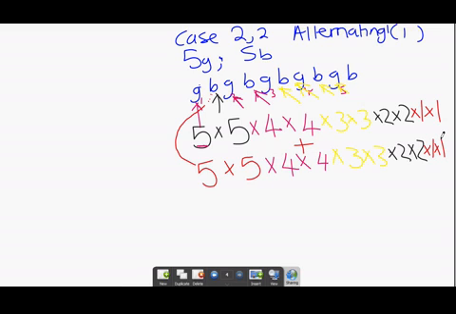So in other words, if you add this one plus this one, you will have the number of different ways in which you can arrange 5 girls and 4 boys, ensuring that no girl is sitting next to another girl.